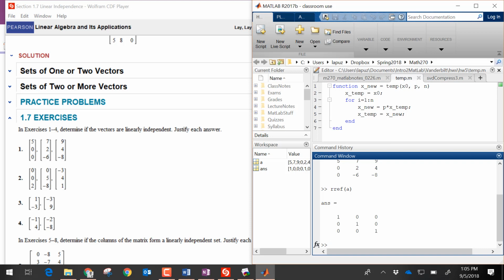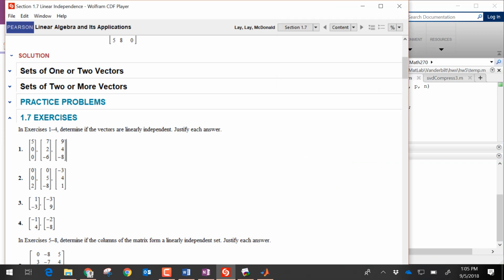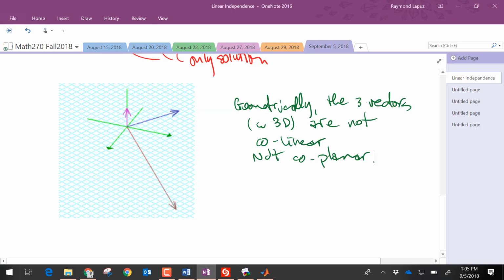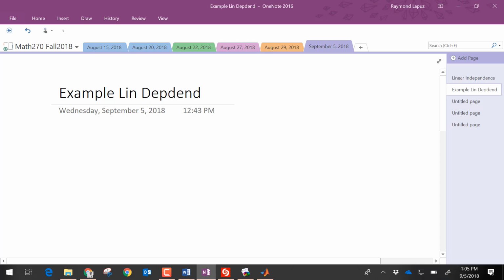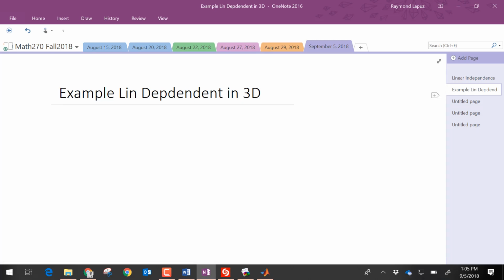All right, so this doesn't work out. It is linearly independent, so let's just make up another set of vectors that are linearly dependent. For this, I'm going to ask for a couple of vectors, and then we'll make up a third one.